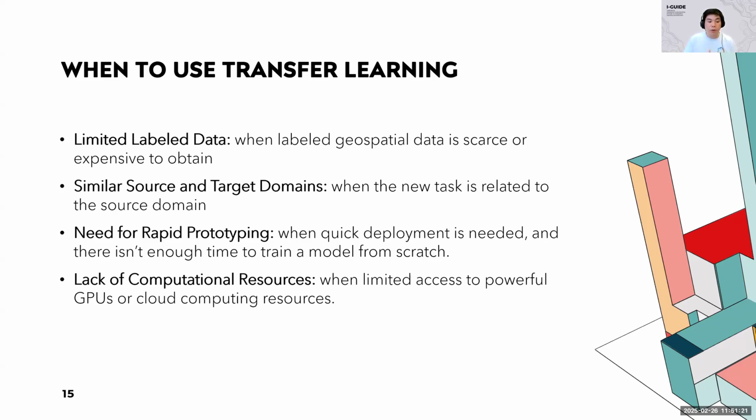And also, if you don't have huge computational resources, if you have a CPU that you want to train the model on, or a smaller GPU on your desktop setup, you can try to use transfer learning to train the model based on the previous knowledge that the model has.